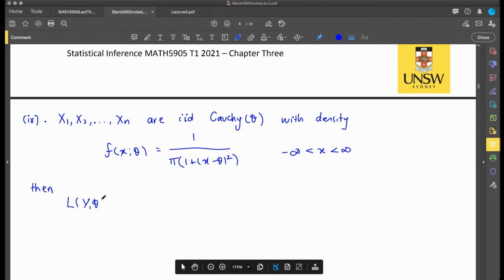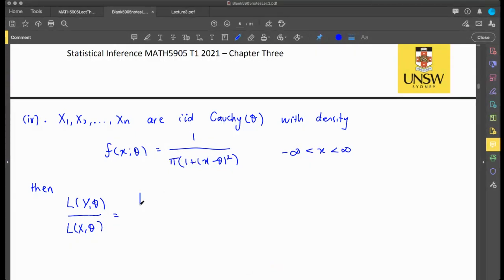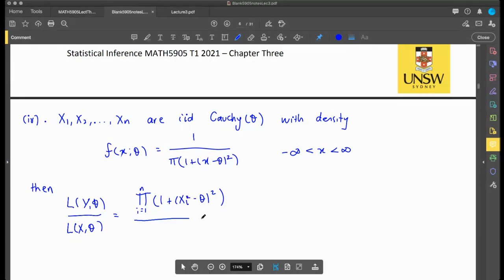Now again, let's look at the ratio of the two likelihoods of a y sample and an x sample. The pi's will cancel out because they're just constants. So here you'll have a product from i equals 1 to n of 1 plus (xi minus theta) squared, and in the numerator, you'll have a product from i equals 1 to n of 1 plus (yi minus theta) squared.